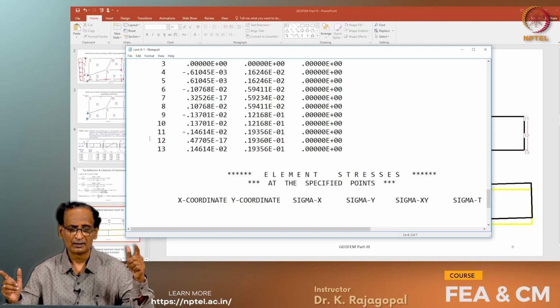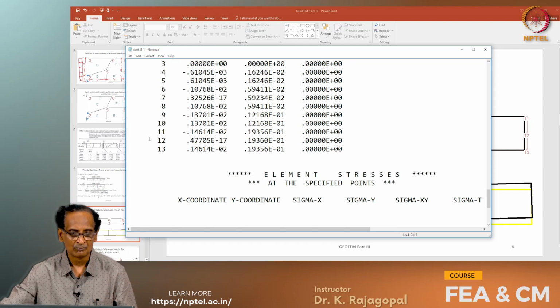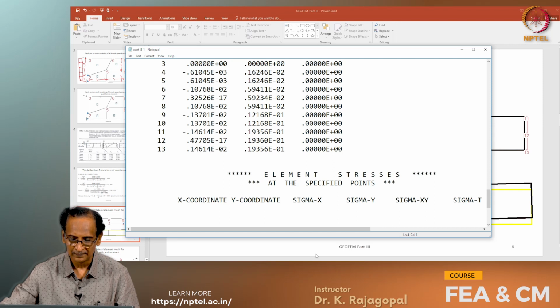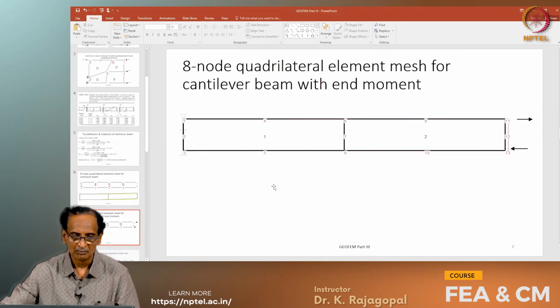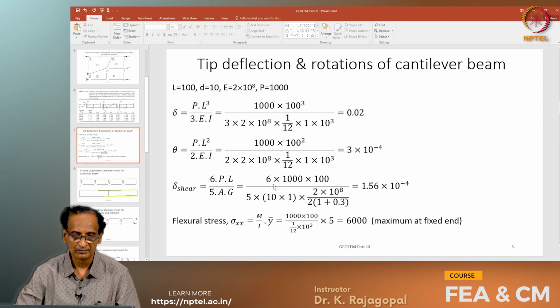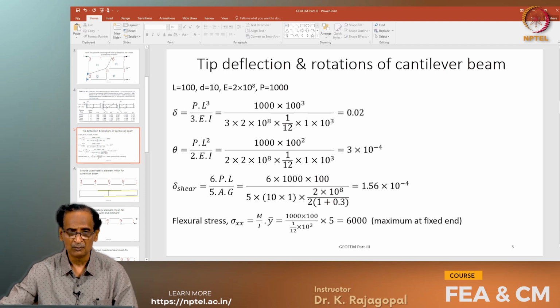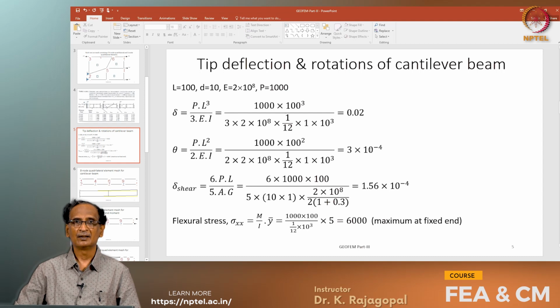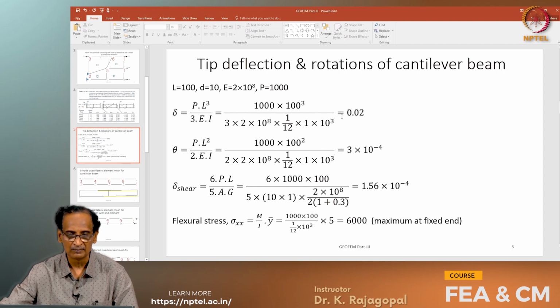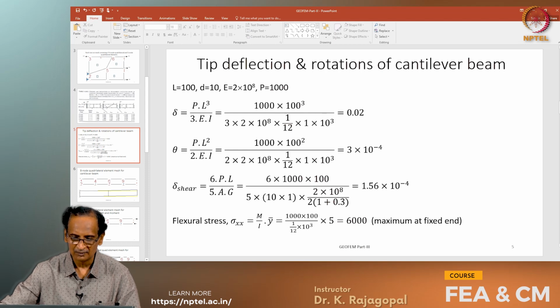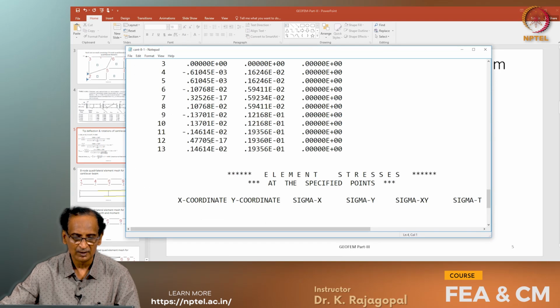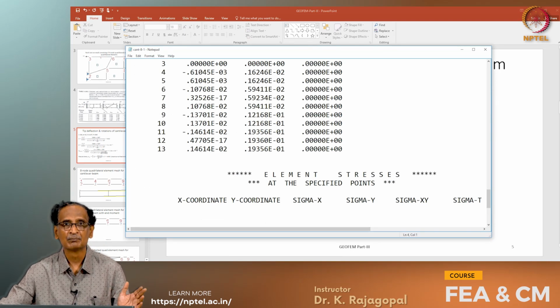That is the relative deformation divided by 10, which is 0.00028. And if you look at the theoretical solution, this theta is 3 times 10 to the power of minus 4, and our finite element is predicting 2.8 times 10 to the power of minus 4, which is not bad, considering that we have considered only 2 elements.